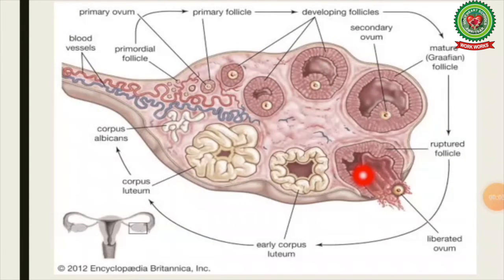Corpus luteum is a yellow fluid-filled cavity, and the fluid is called lutein. This structure produces the hormone progesterone, which helps in maintenance of pregnancy. If there is no pregnancy, the corpus luteum degenerates and a white lesion is formed known as corpus albicans.